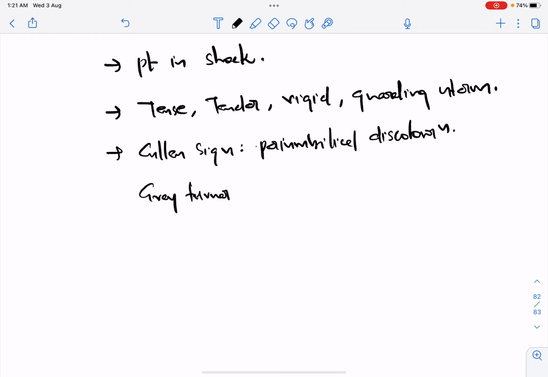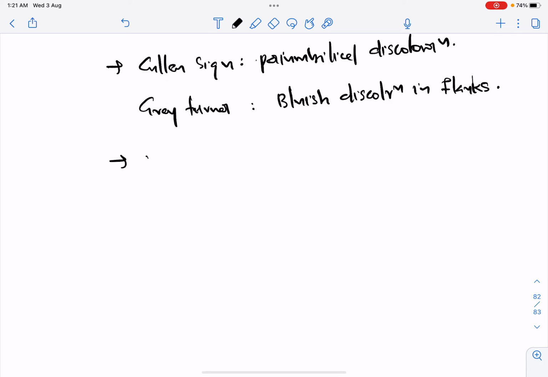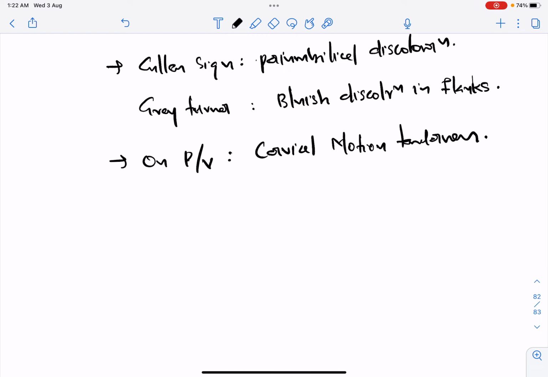It is not specific for ruptured ectopic, it is also seen in many other conditions. Grey Turner sign is bluish discoloration in the flank. On per vaginal examination, there will be cervical motion tenderness. It is an important feature.